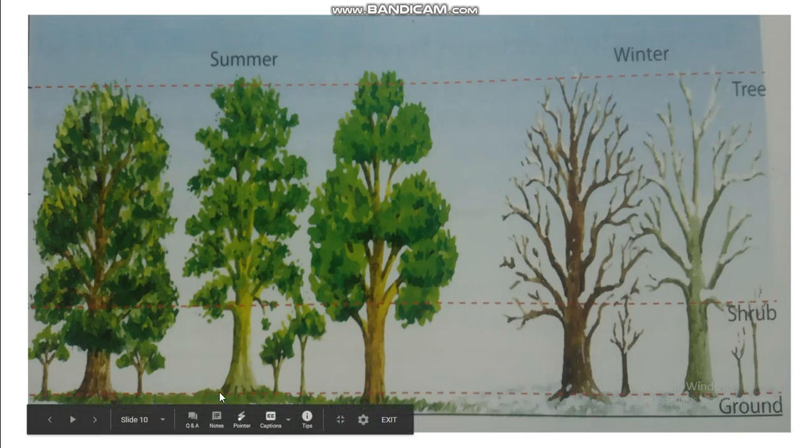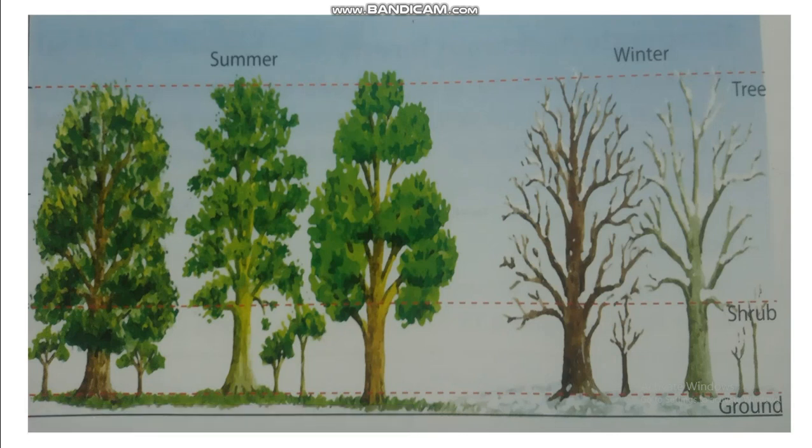The ground layer is made up of a dense undergrowth of ferns, mosses, and herbs. These grow rapidly in spring but disappear when the canopy formed by the foliage of the taller trees blocks out the sunlight.